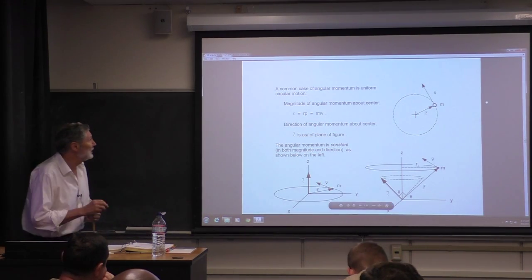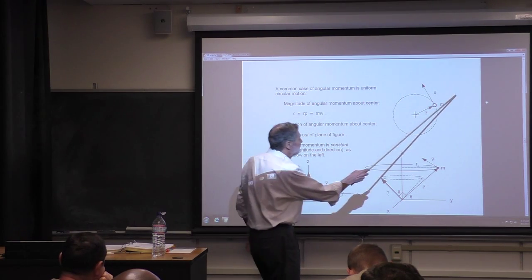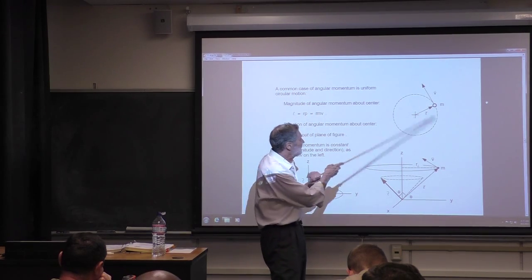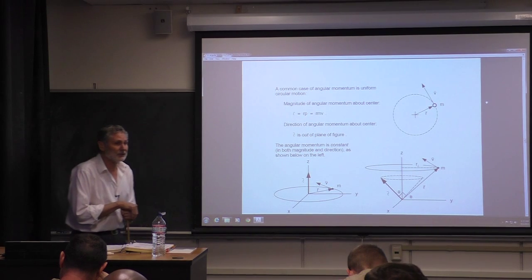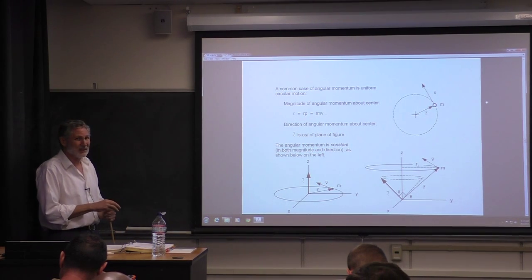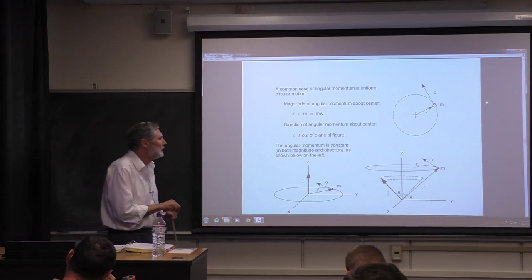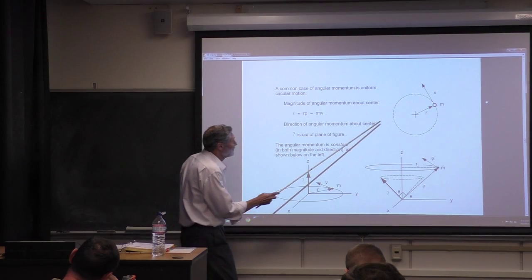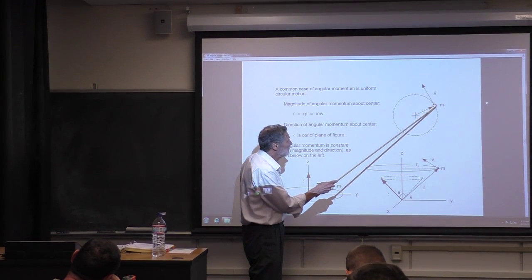Okay, so a common case of angular momentum is uniform circular motion. Please note, there's no gravitational field here. If you imagine this taking place on a smooth surface, you're looking down on it. Uniform circular motion, something that we've talked a lot about in this class, and we even did an experiment in it, right? We assume the particle here is small, has small spatial extent.